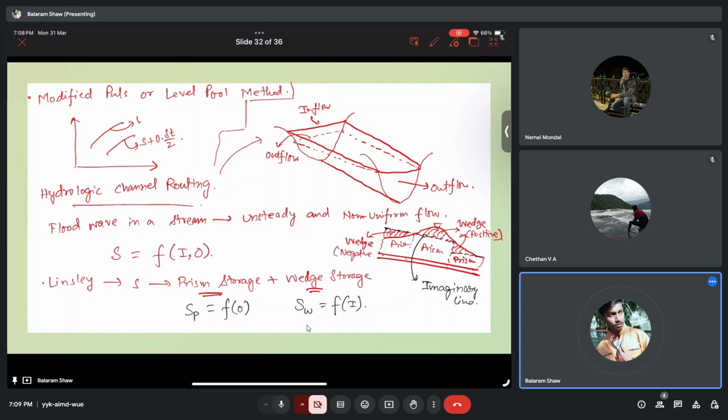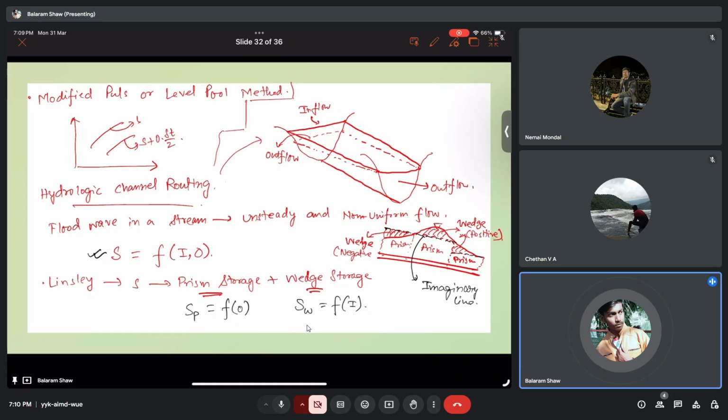And hence the consideration that the storage is a function of both inflow and outflow is met in this. Hence the prism storage remains constant at a fixed depth at a downstream section, while the wedge storage changes from a positive value at an advancing flood to a negative value during the receding flood. So wherever there is a receding flood, it will have a negative wedge, and wherever there is an advancing flood, there it will be a positive value of the wedge storage. Okay.